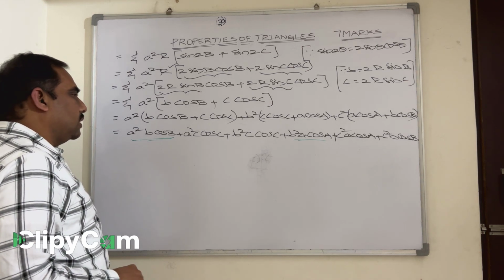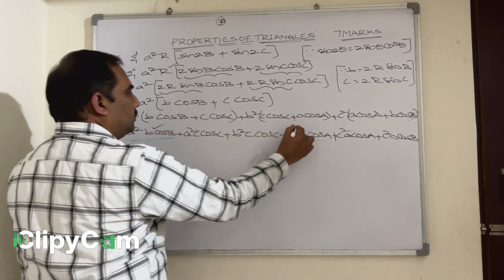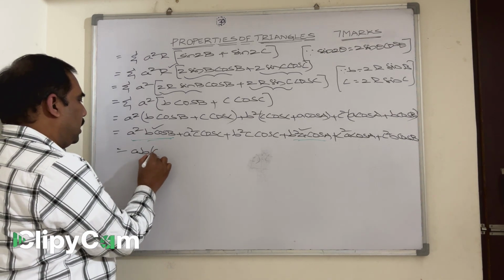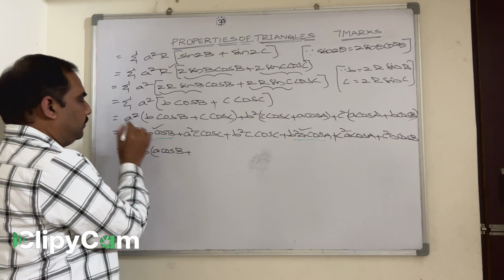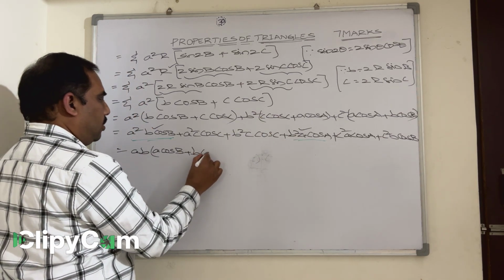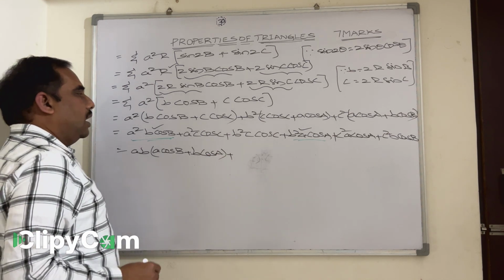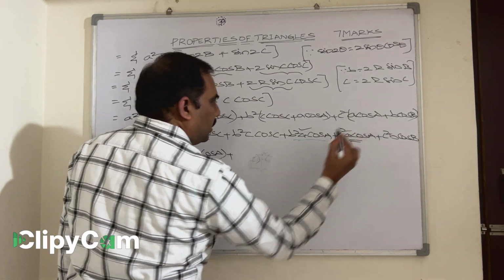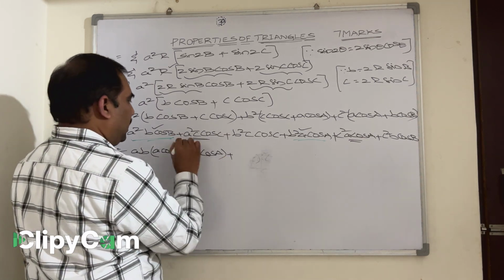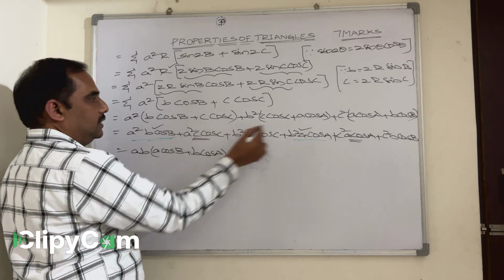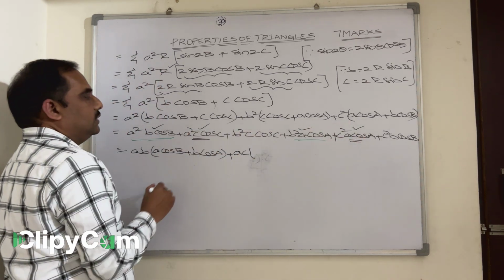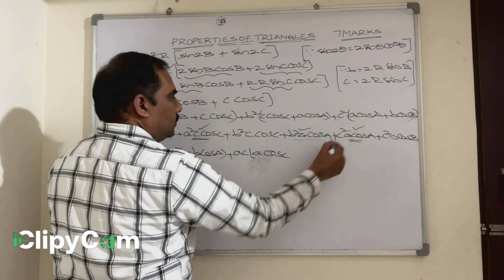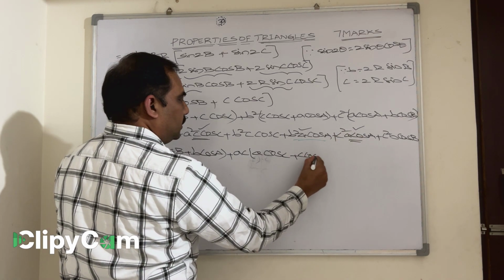So from these two terms taking ab common, we get ab (a cos B plus b cos A), plus, again here if you observe, this is a square c cos C and here c square a cos A. From these two, clearly ac is common, so we get ac (a cos C plus c cos A).